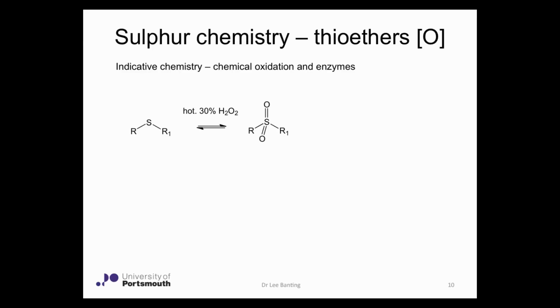Thioethers can be oxidized more fully to sulfones. You notice that hydrogen peroxide is being used to do that reaction again, but in this case it's hot conditions, and that over-oxidizes the thioether to what's called a sulfone.